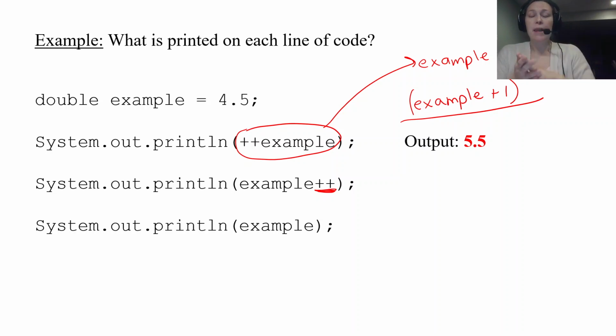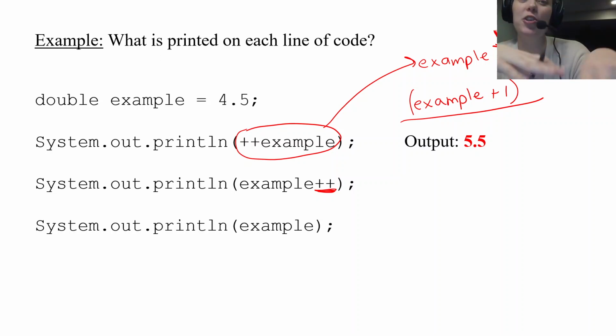Expressions don't change your variables unless there's an assignment operator involved. And when we have our unary operators or compound operators, we have an assignment involved. So the actual value of our variable gets changed.